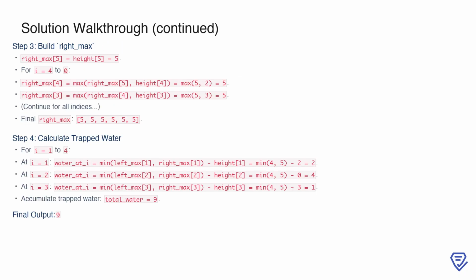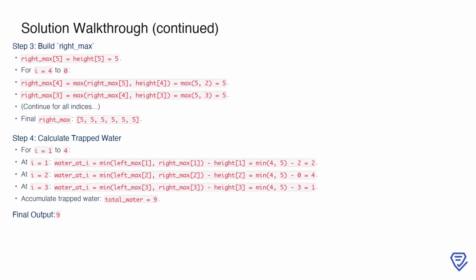Next, we build the right_max array for this example. Starting at the last index, we set right_max[5] to the height at index 5, which is 5. Then, for each preceding index, we calculate the maximum value between the current height and the next value in right_max.